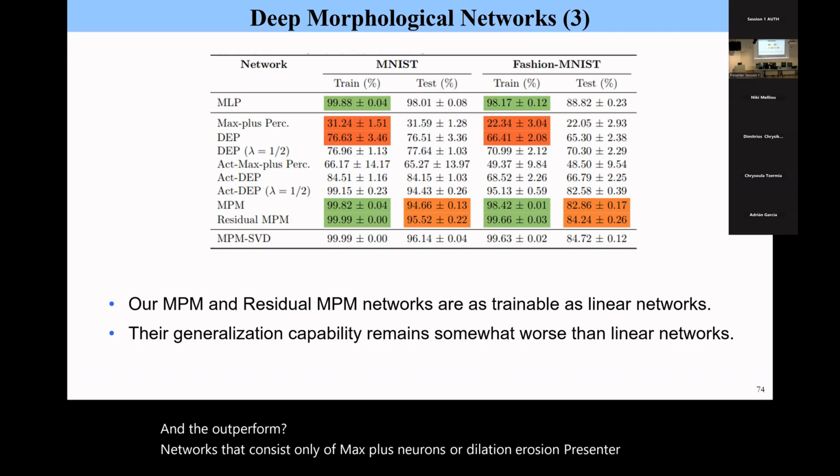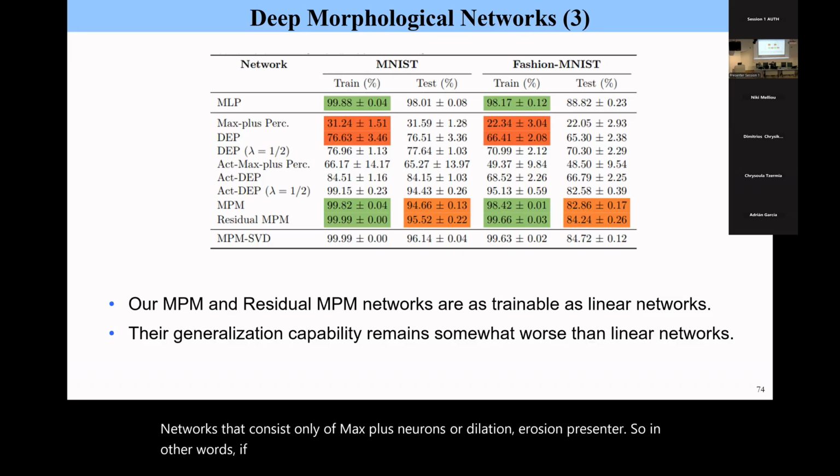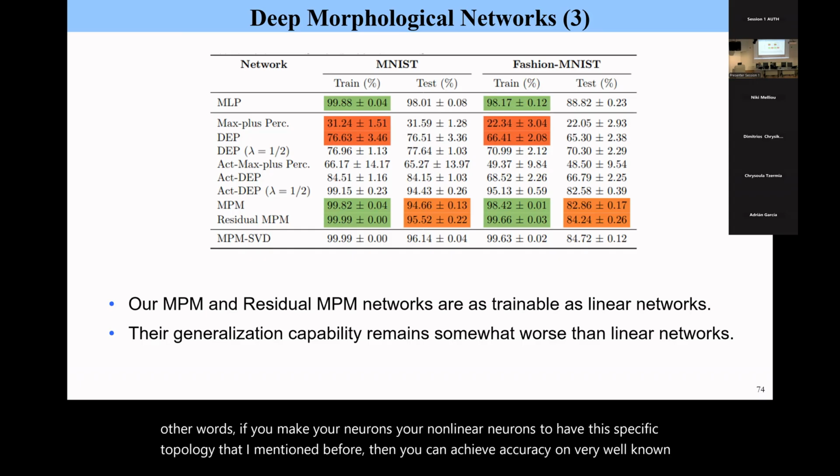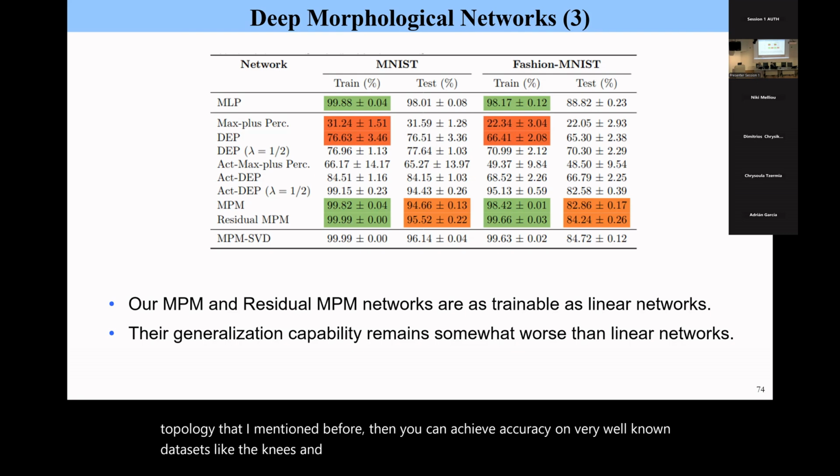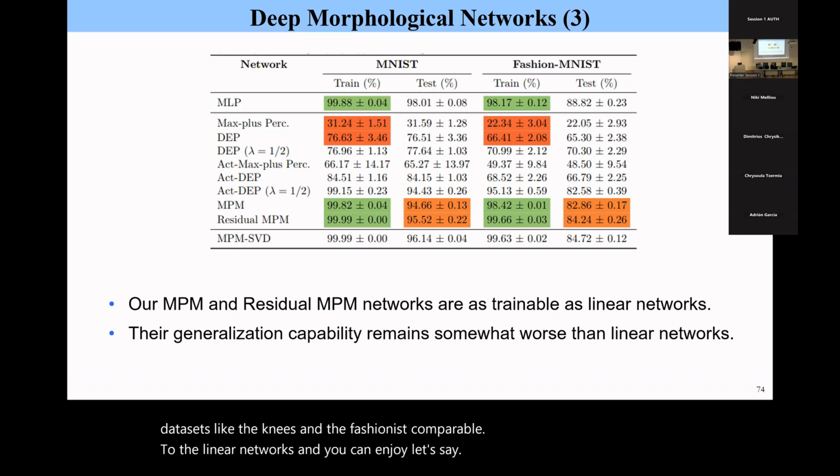So in other words, if you make your nonlinear neurons have this specific topology that I mentioned before, then you can achieve accuracy on very well-known data sets like MNIST and Fashion MNIST comparable to the linear networks, and you can enjoy the sparsity that these nonlinear networks provide.